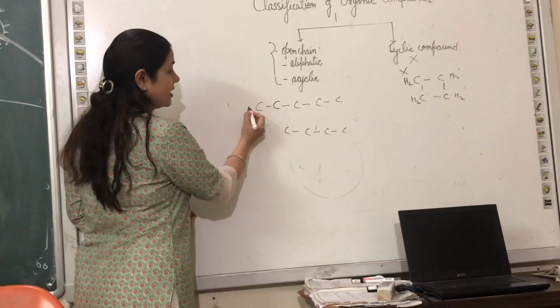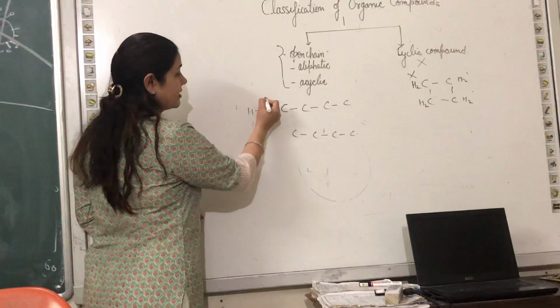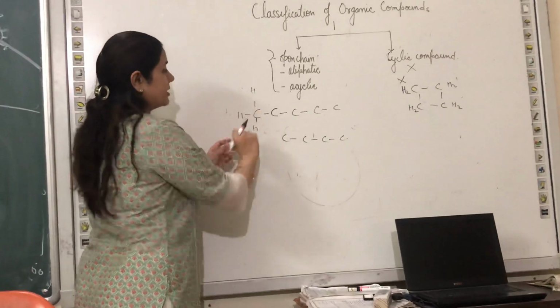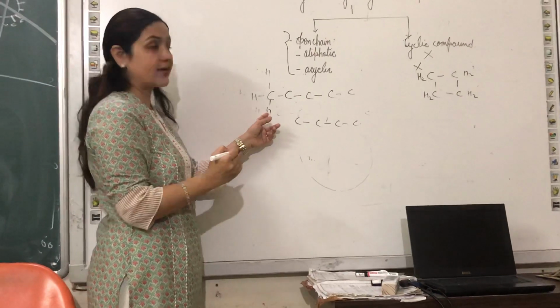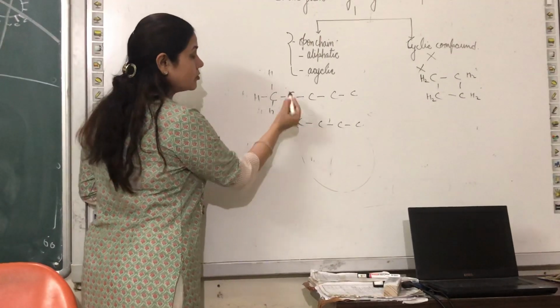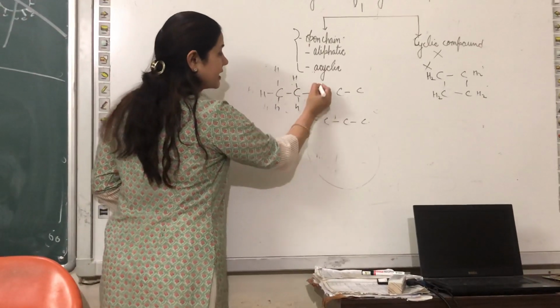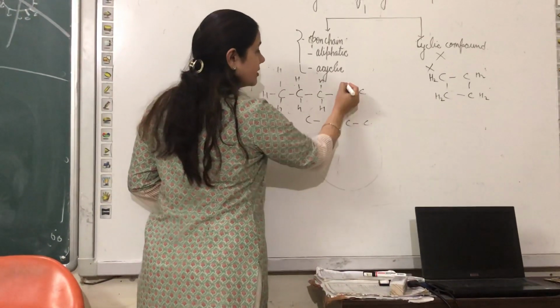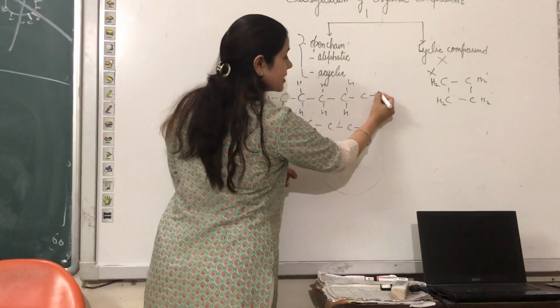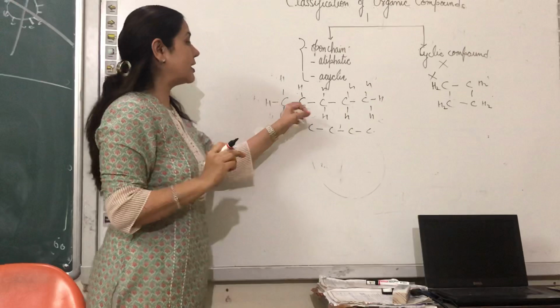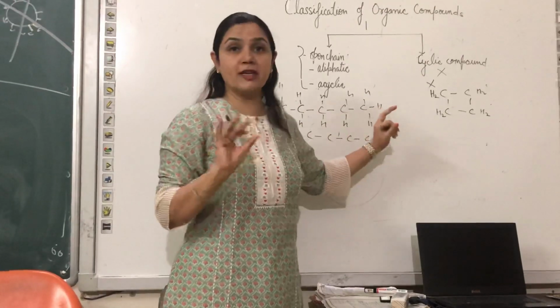So here the rest of the valency is 1, here 1 and 2, and you can write like this, and here 1, so the rest of the valencies. You can see all the carbons are satisfied by 4 valencies.